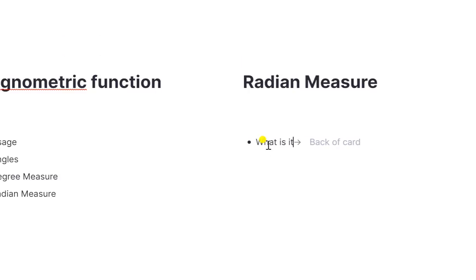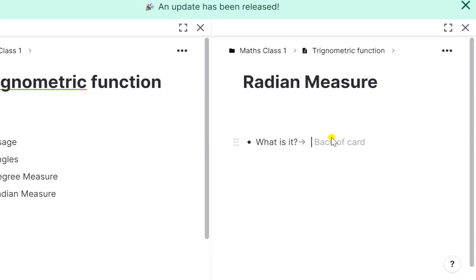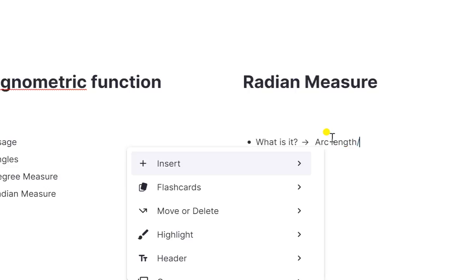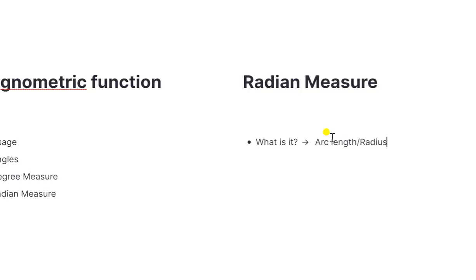Arc length by radius equals x amount of radians.